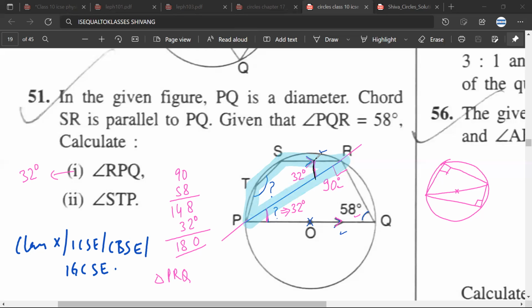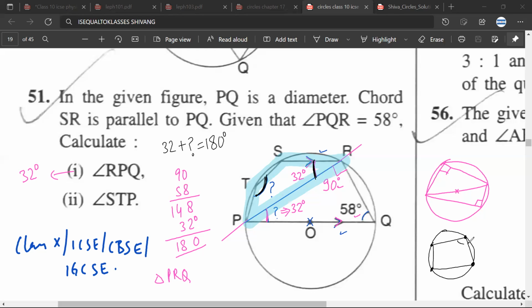Now if this angle is 32 degrees, plus the unknown angle would be equal to 180 degrees. What is a cyclic quadrilateral? The 4 points of the quadrilateral all lie on the circumference of the circle.